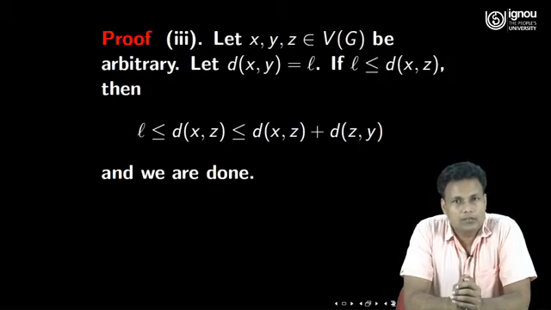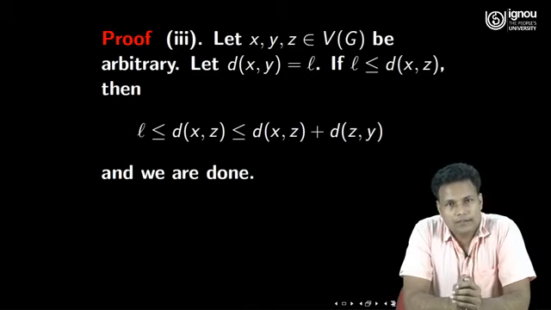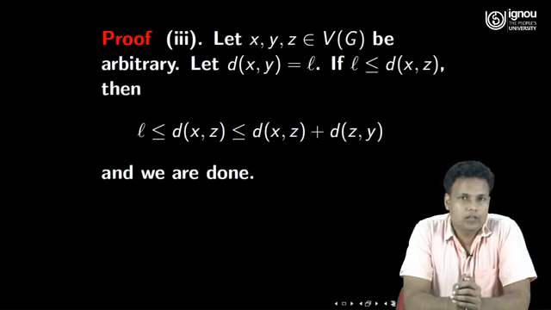L is less than or equal to dxz, which is less than or equal to dxz plus dzy, because from the first property we have seen that the distance dzy is non-negative, so this holds, right, and we are done.